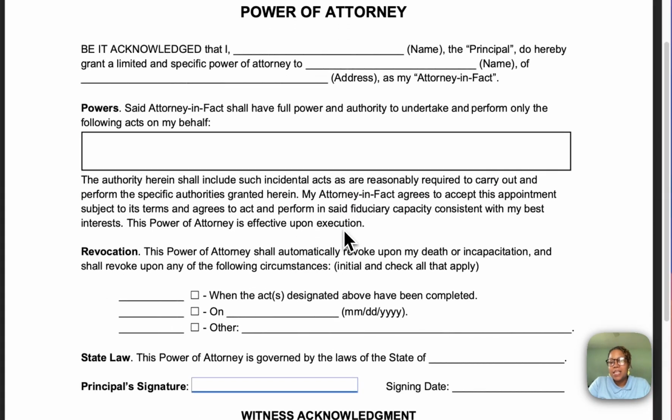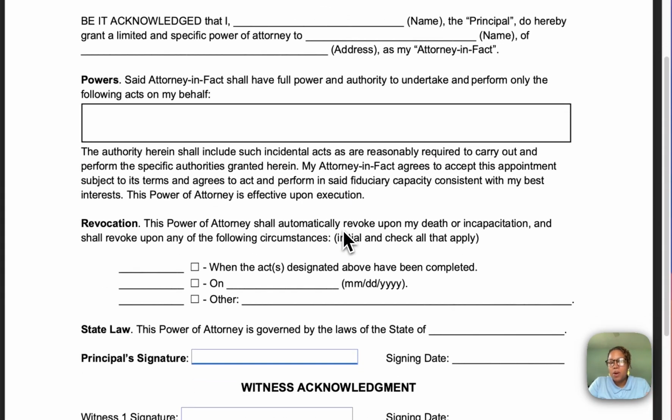Now, because this is a limited power of attorney, or it's very tight in scope, this has a revocation. So basically, the principal is saying when something happens, this power of attorney no longer is in force. So we have a few different options here for the principal where they can decide when something has been completed.